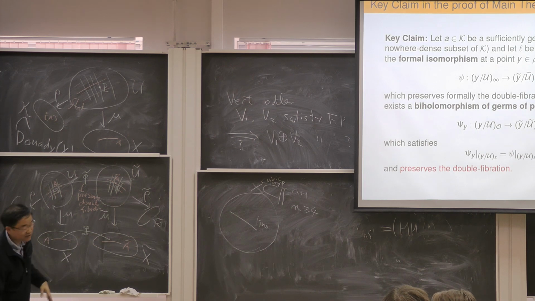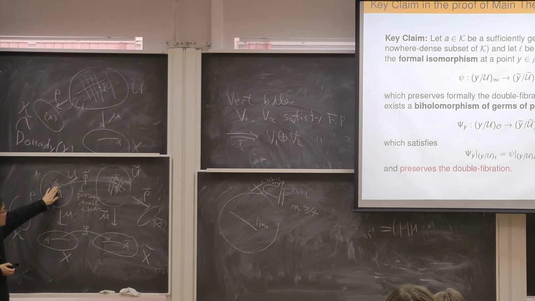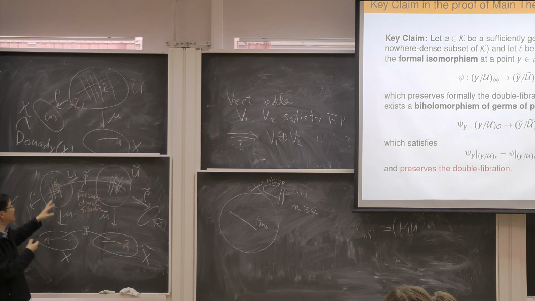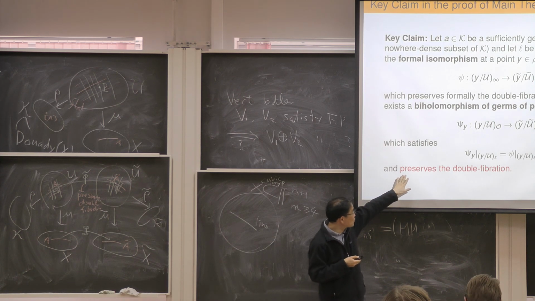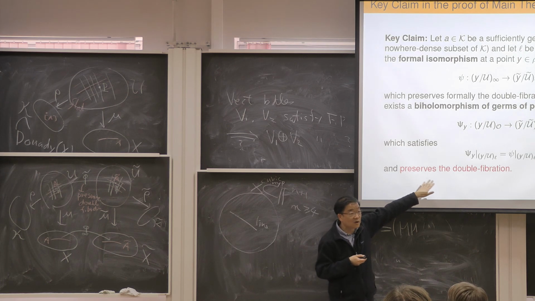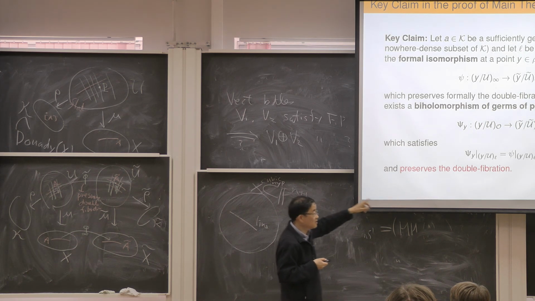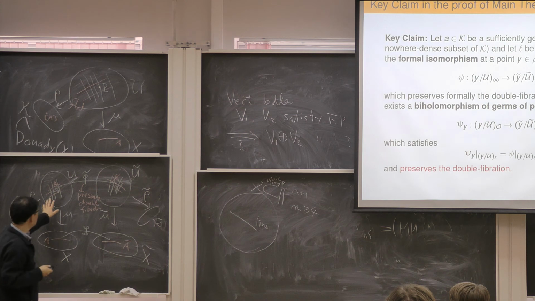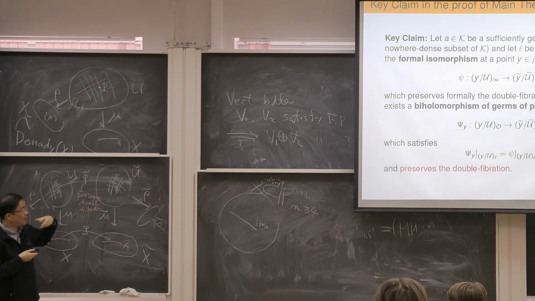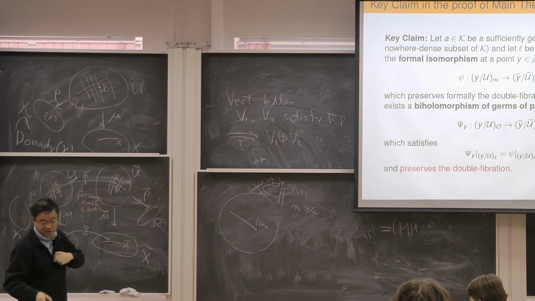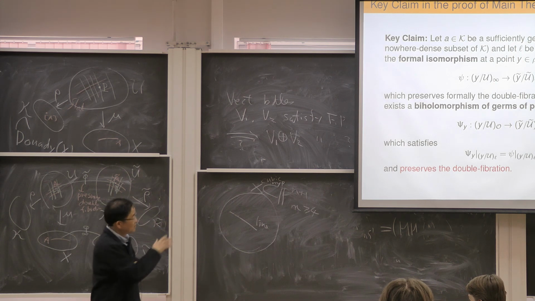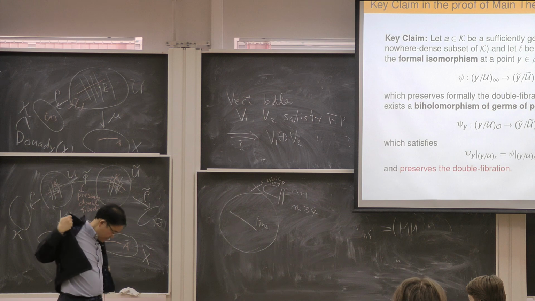The Artin approximation says that any formal isomorphism of a point can be approximated by a biholomorphic isomorphism. But here we are requiring something more. This is the key property: we require that this biholomorphic map preserve the double fibration. So this is the extra information we hope for. It's not just an approximation of the formal isomorphism, but an approximation which preserves the double fibration. That is what we want, and this is the key claim of the proof.